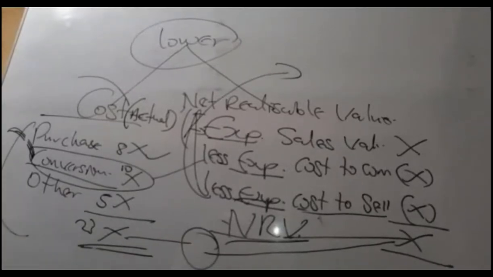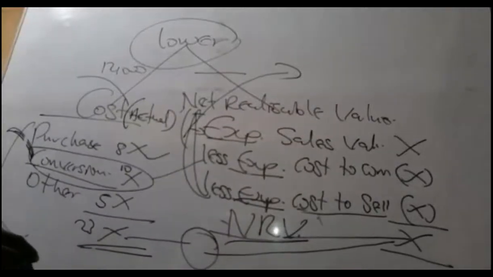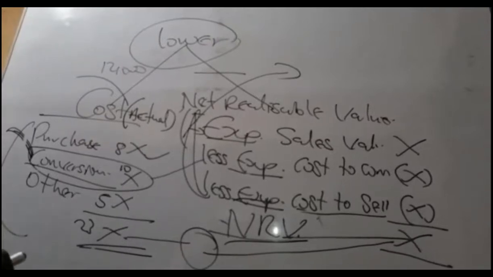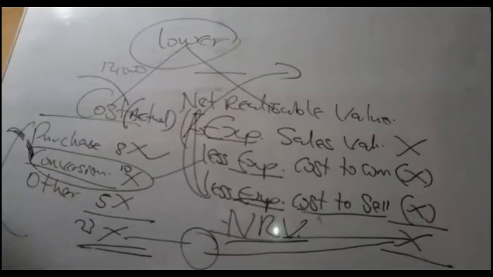But here we didn't say that it should be the lower between the actual cost and replacement cost. So here in this question, the cost was 12,000 Ghana cedis, and NRV was not given. So the 10,000 is not the NRV, because they didn't mention a selling price, or say that if I should dispose of these goods, I'll get this.